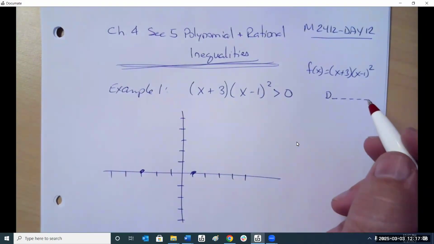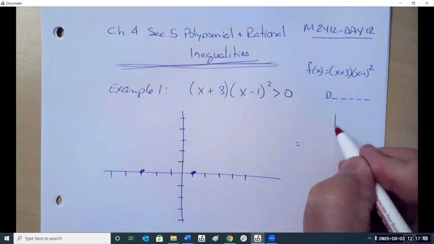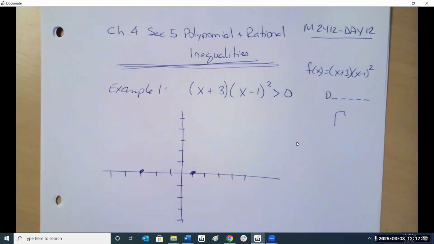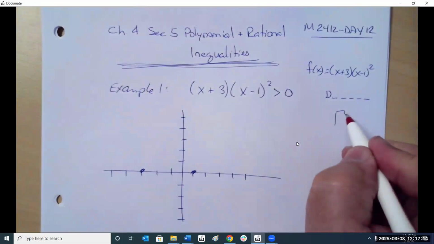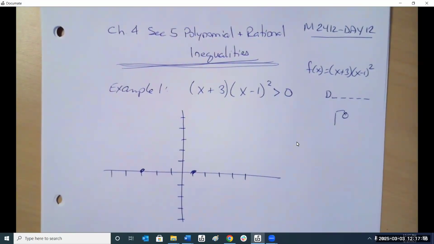What determines the shape of the function? Ah, very good.